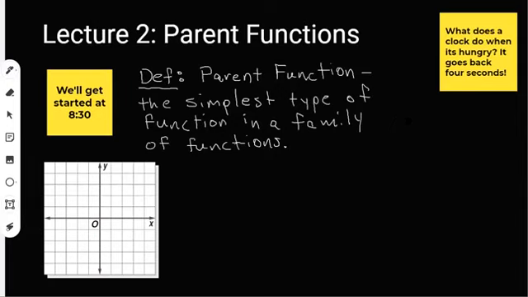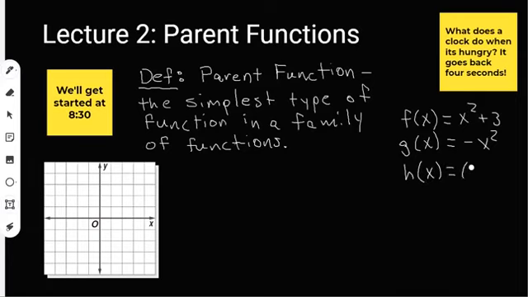So if I was given the family, let's say f of x equals x squared plus 3, and I was given g of x equals negative x squared, and let's say h of x is a different function, x plus 1, the quantity squared.